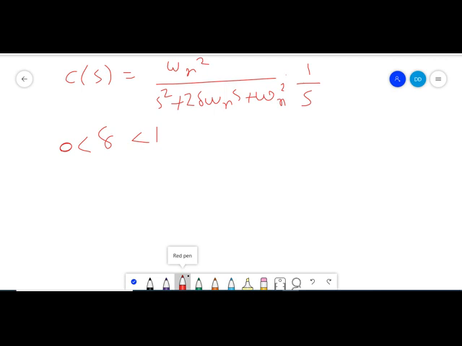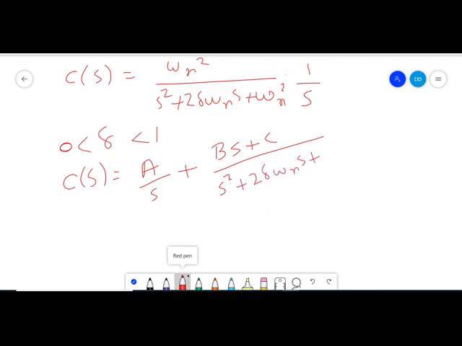We need to resolve it into partial fractions. So on resolving this into partial fractions, we can write C of s is equal to A by s plus Bs plus C divided by s square plus 2 delta omega n into s plus omega n square.